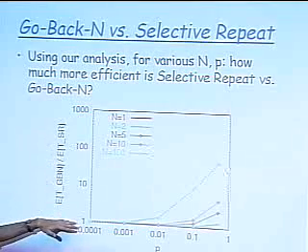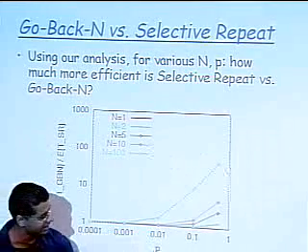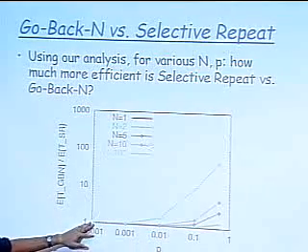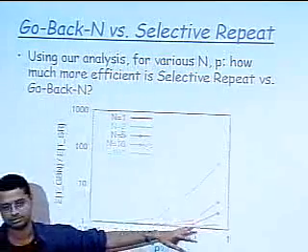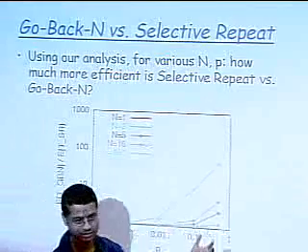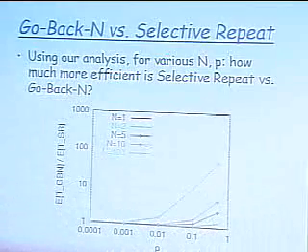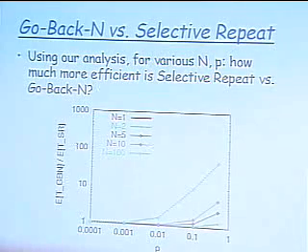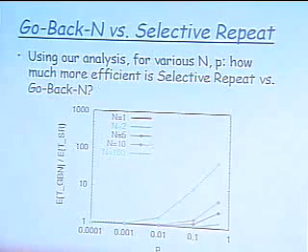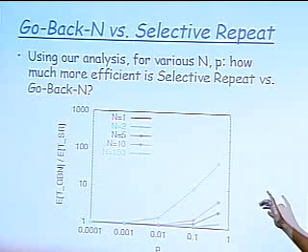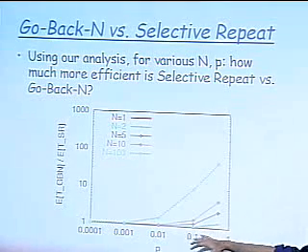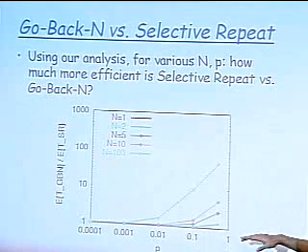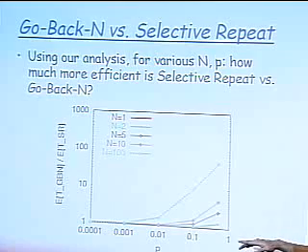And as you can see, as you increase the loss probability, the expected number of transmissions is going to go up, which is what our intuition was. If the channel is more lossy, then the performance of selective repeat is going to be much better. The other thing is, as your window size grows, the performance of selective repeat becomes much better.